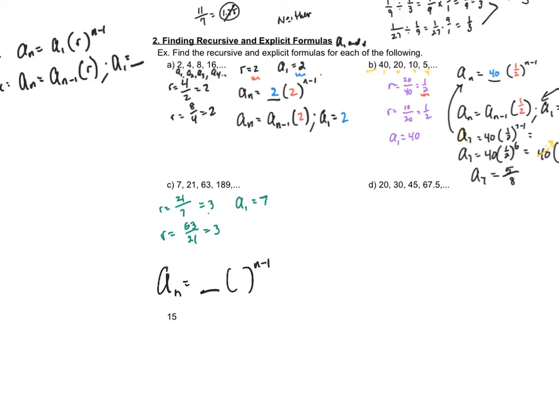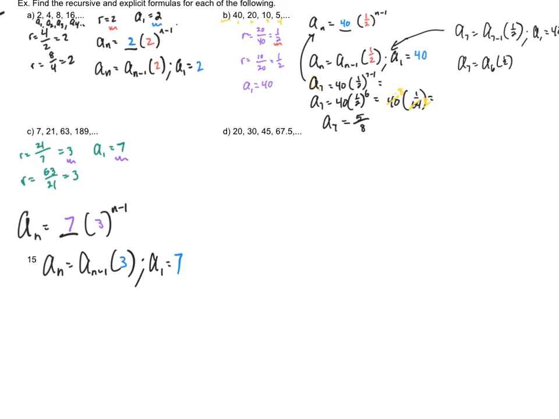And I have my ratio is 3 and a1 is 7. And there's our explicit formula. And then we have an is equal to a(n minus 1) times my r value. And of course, we need to identify what a1 is. Again, my r value is 3, and a1 begins at 7.